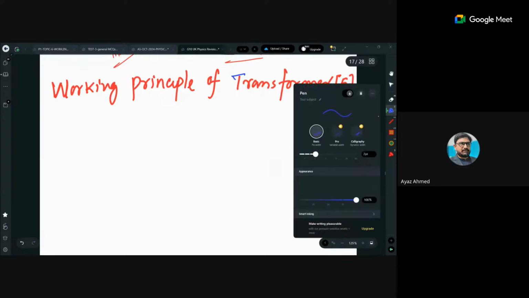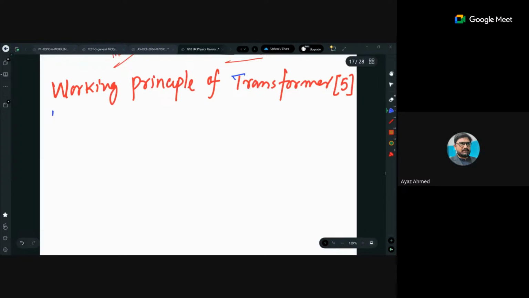It depends whether the examiner awards you 3, 4, or whatever. So first of all, you will write that an alternating current in the primary coil. You will write all these points step by step when it is asked how the transformer works, or how the output coil gets voltage, or how the lamp works.